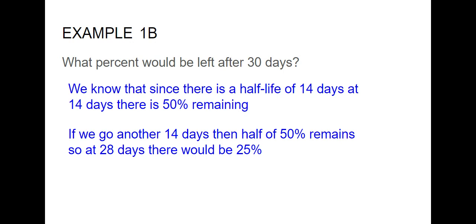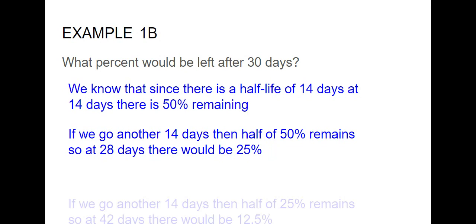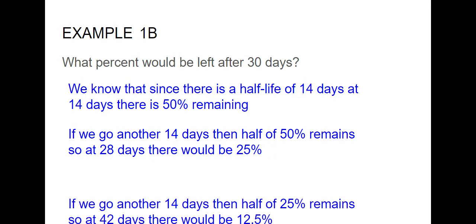So using the information we have, if I go another 14 days, or 42 days, I would have half of the 25% left, which is 12.5% of the original. So to summarize, at 42 days, we would be at 12.5. Well, the problem asks for 30 days.